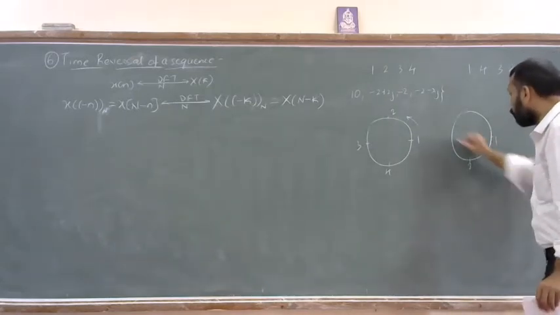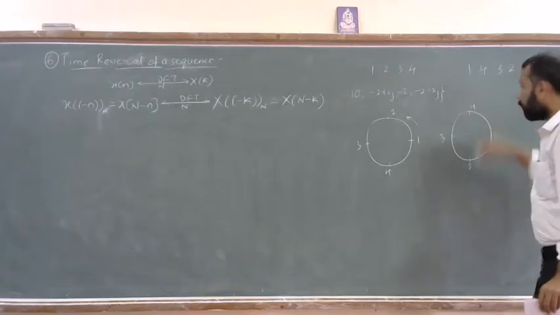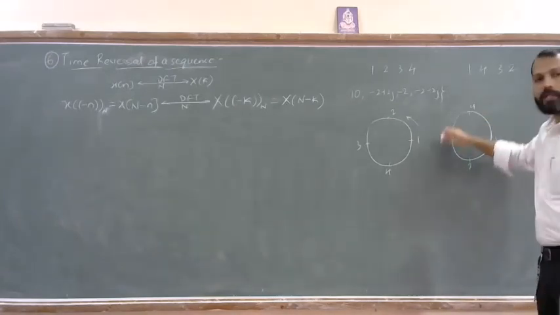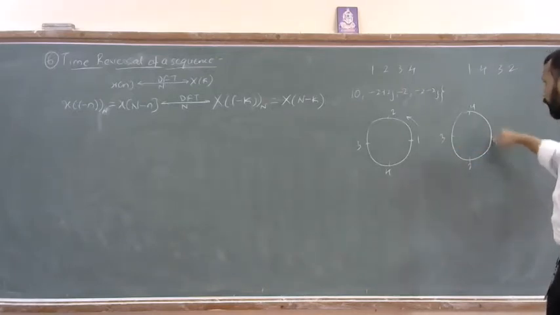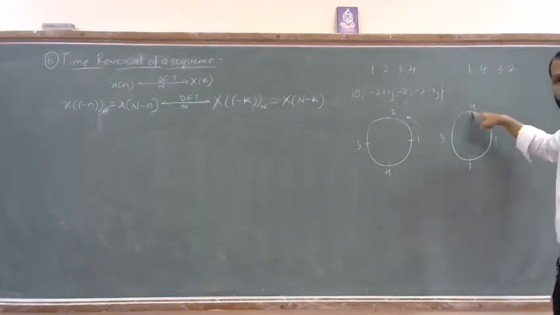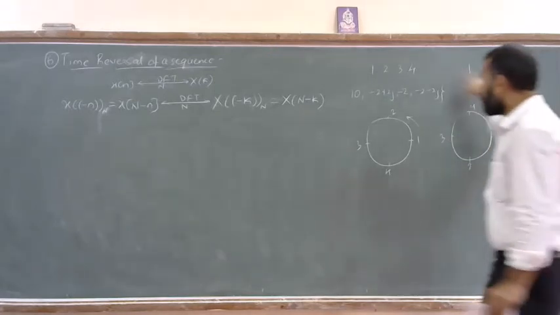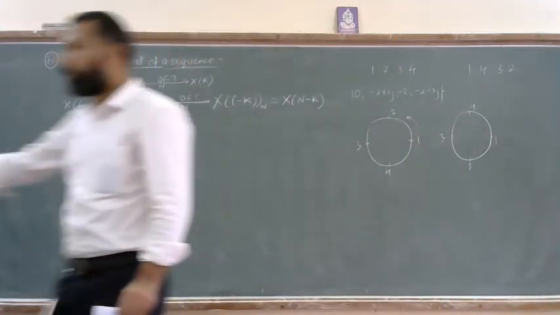But you read this sequence in the anti-clockwise direction itself. So the first sample will be 1, the second sample will be 4, the next sample will be 3, and the next sample will be 2. So this is the circularly folded sequence of 1, 2, 3, 4.